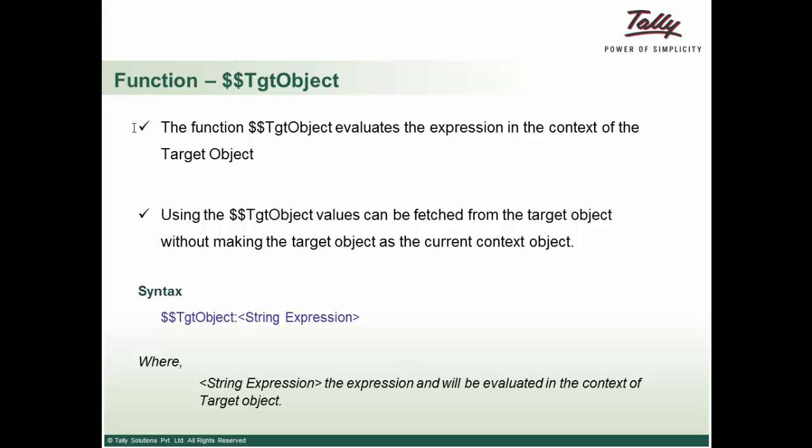The moment you write object colon ledger at the function level, the object context changes from voucher to ledger, which is actually a big problem, which might not be required. So just to temporarily change the context for a particular value, you can make use of a function $TDL.